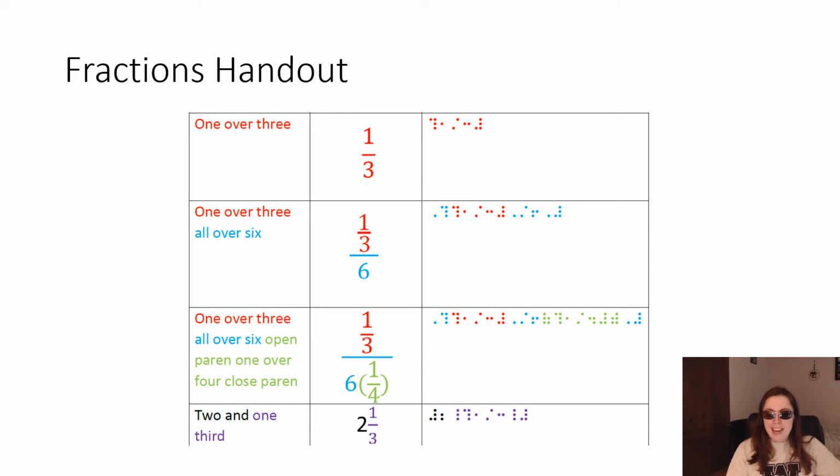In the fractions handout, the colors of the pieces of the fraction are mirrored in the Braille so that you can help yourself hone in and look at each specific part and how they're related. So you can see there in the complex fraction where maybe the big fraction line is blue.